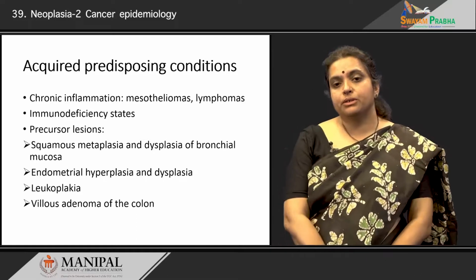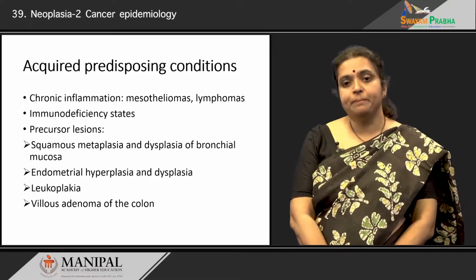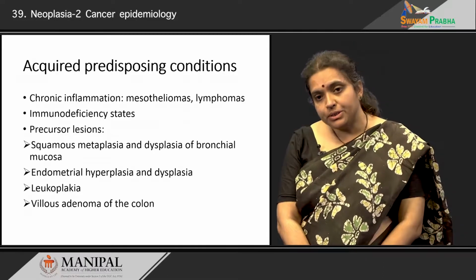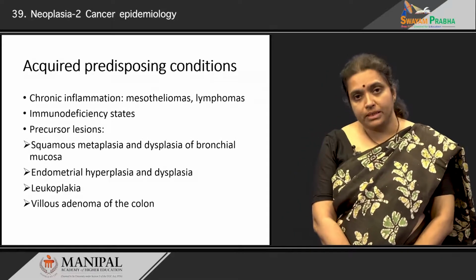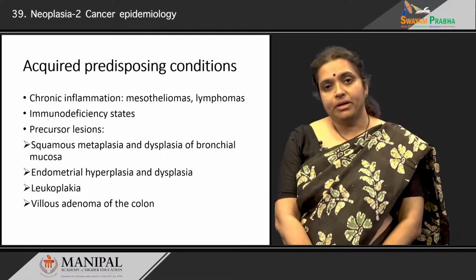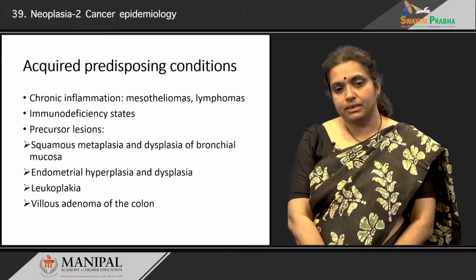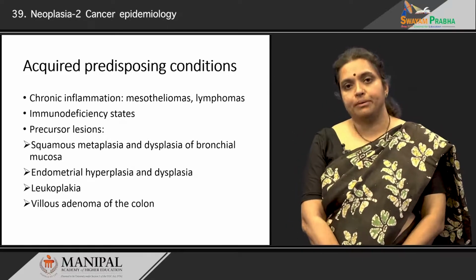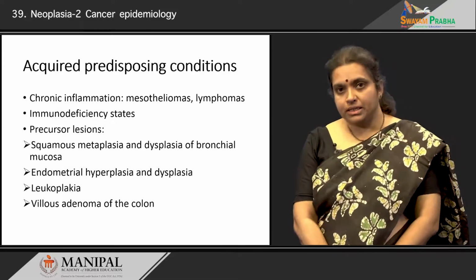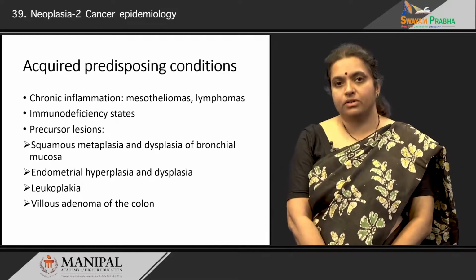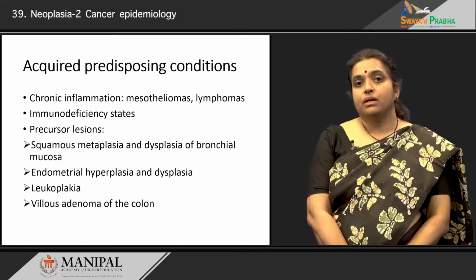Now, this could be due to smoking or whatever, and that could eventually lead to dysplasia, and finally it could lead to cancer. Endometrial hyperplasia: the endometrial lining of the uterus can undergo hyperplasia, further on it can undergo dysplasia, and further on it could lead to cancer.